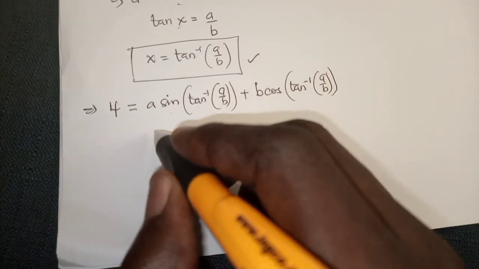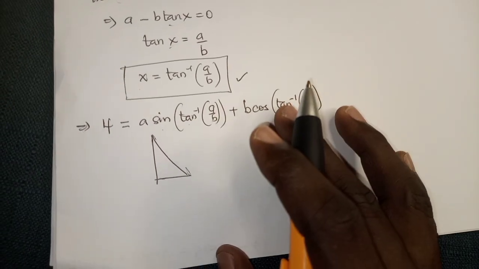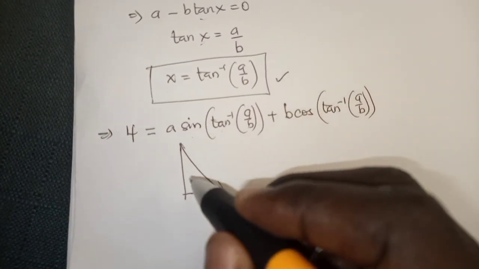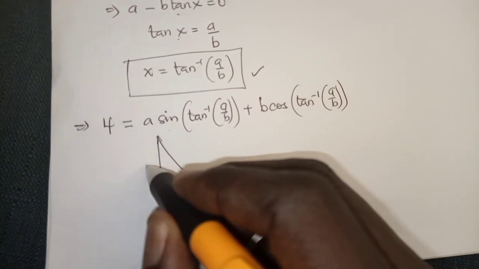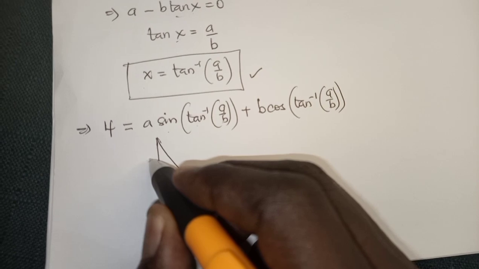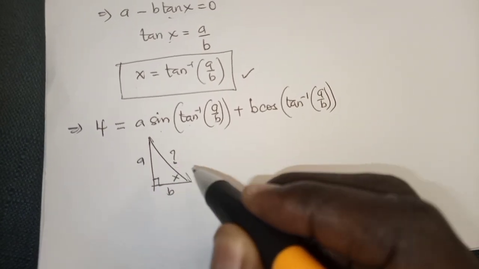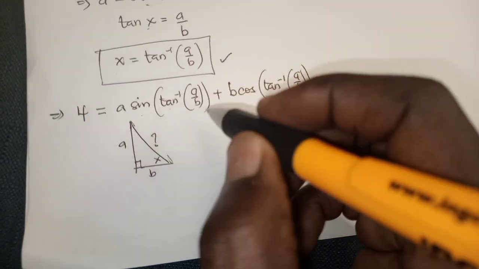So you can make a sketch, I will make a sketch for easy understanding. This is the x, the opposite is a, and the adjacent is b. The hypotenuse is what we're looking for, and for that we use the Pythagoras theorem.